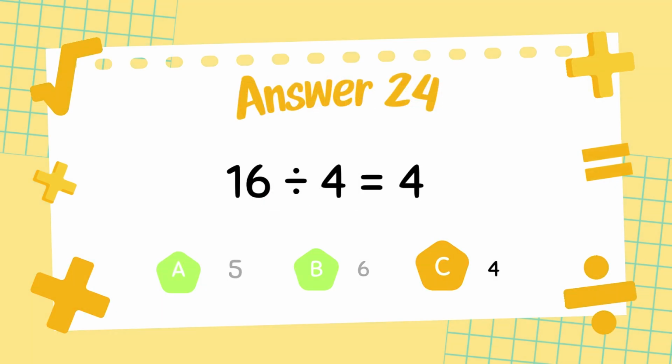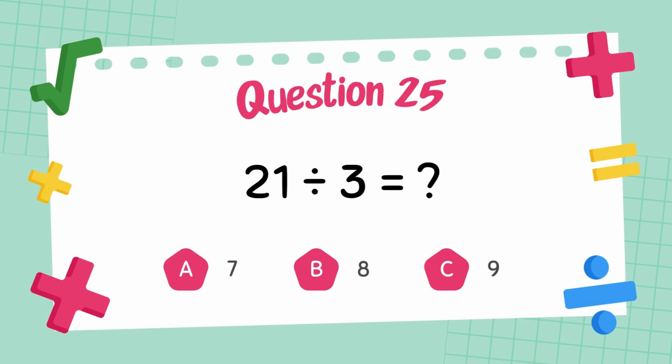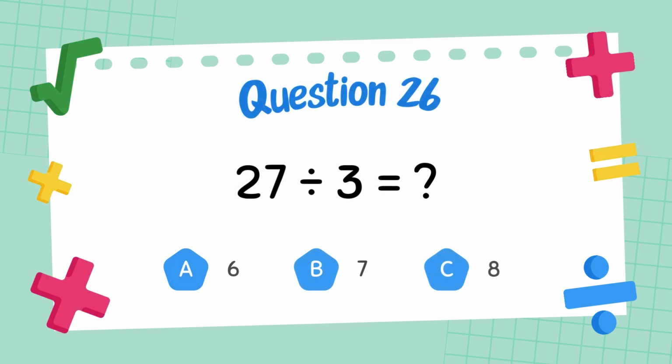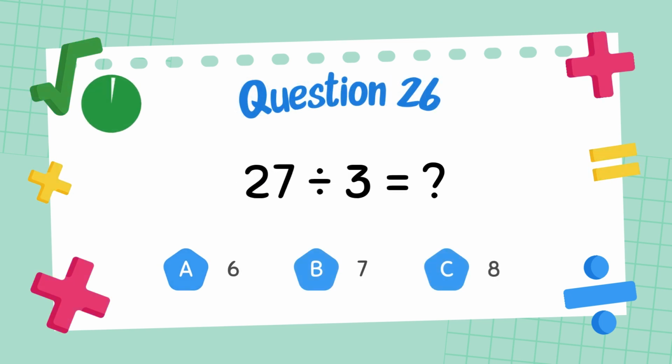The answer is 4. What is 21 divided by 3? The answer is 7. What is 27 divided by 3?